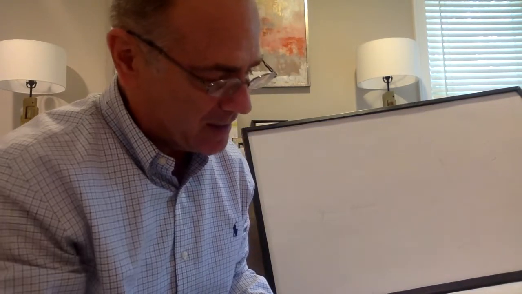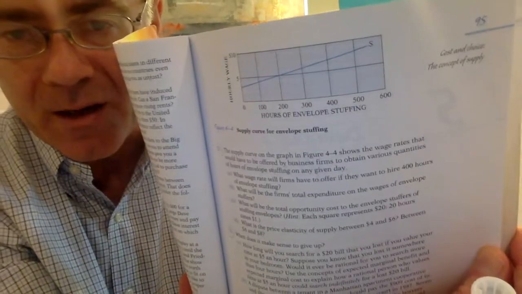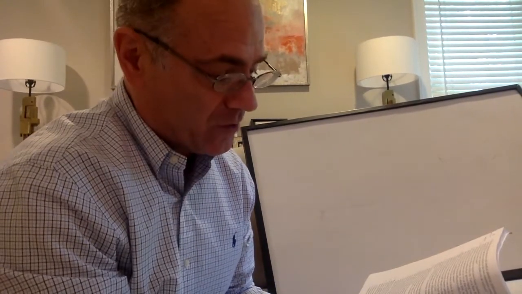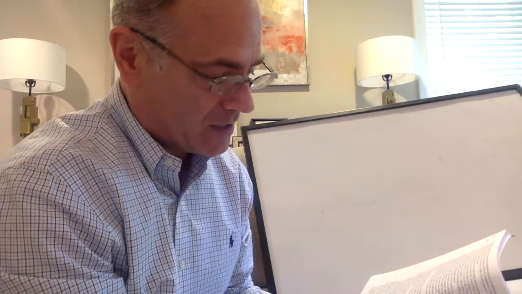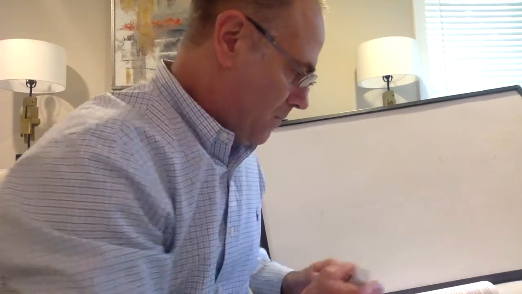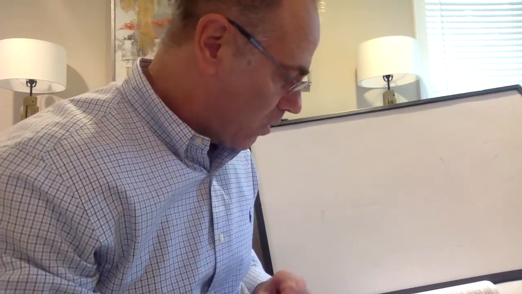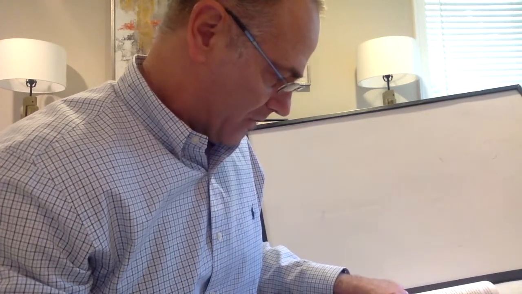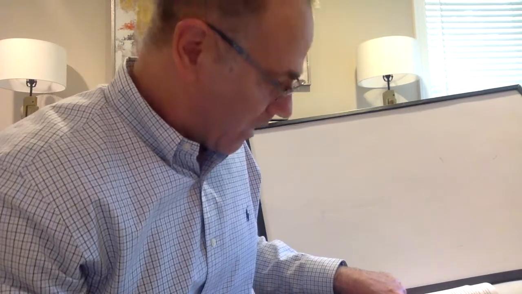I did A and B, and now I'm going to do C and D. 21: The supply curve in figure 4.4 shows the wage that a person would have to be offered by business firms to obtain various quantities of hours of envelope stuffing on any given day. C, what will be the total opportunity cost to the envelope stuffers of stuffing envelopes?